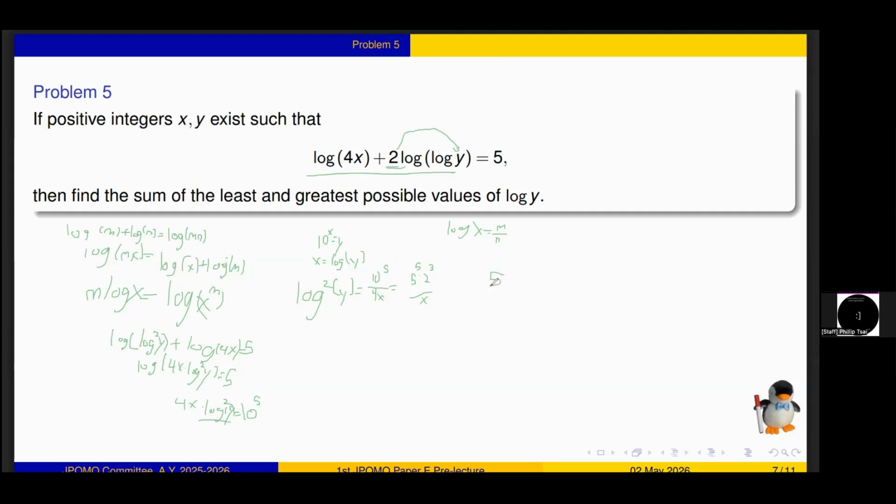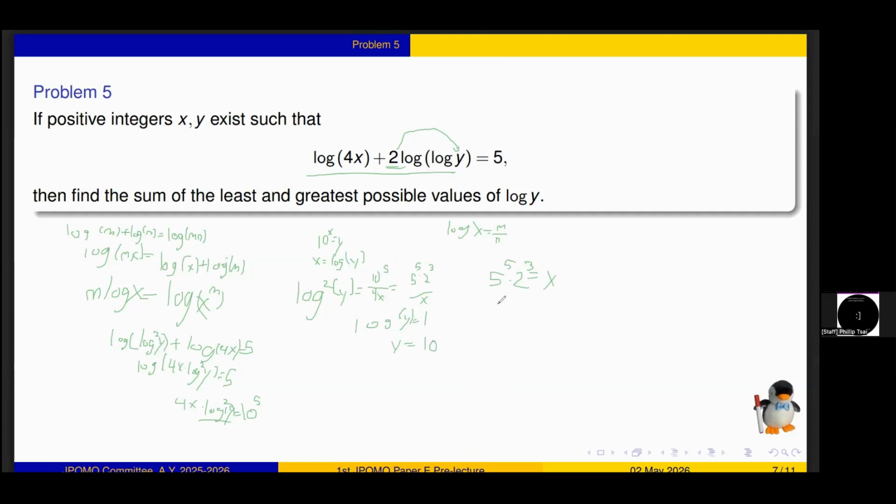Which basically means we can have 5 to the 5 times 2 cubed equal to x, or log squared of y is equal to 1, which is log of y is equal to 1. In other words, y equals 10, sorry.